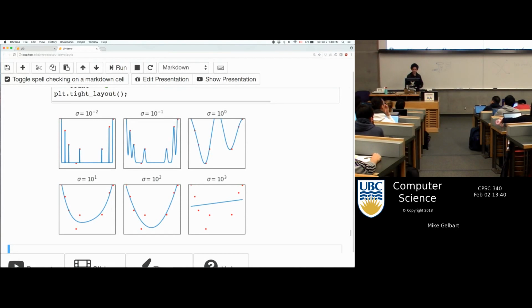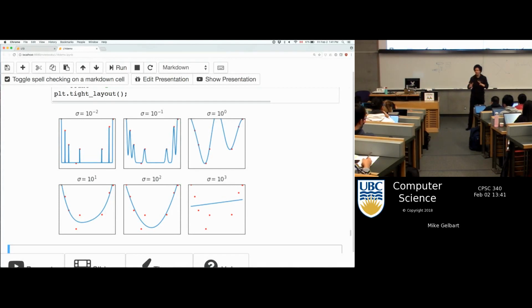Great. This is what I wanted to show you. I'm fitting the same data set with these Gaussian RBFs. And the sigma parameter controls the width of each bump. And when sigma is very small, like 10 to the minus 2, they're very narrow.